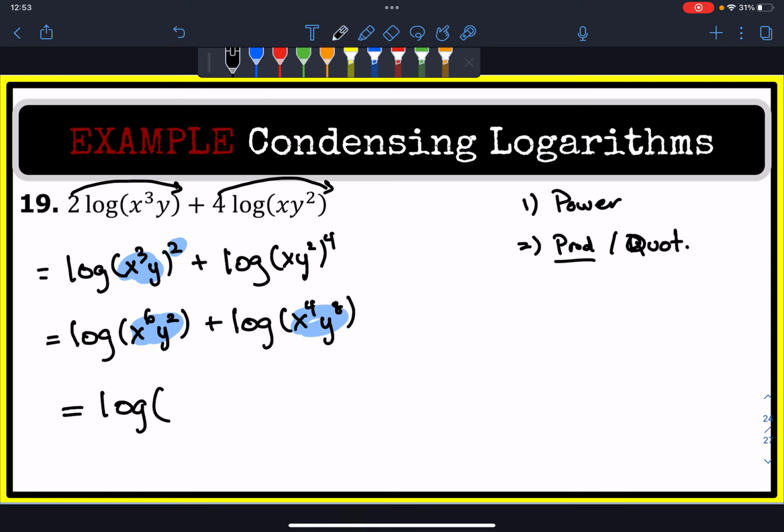Multiplying simplifies to x to the 10th and y to the 10th as well. Since I'm multiplying x and x, I add the exponents, and multiplying y with y, I add the exponents, and we end up with this. So this would be the completely condensed form of that expression up there.